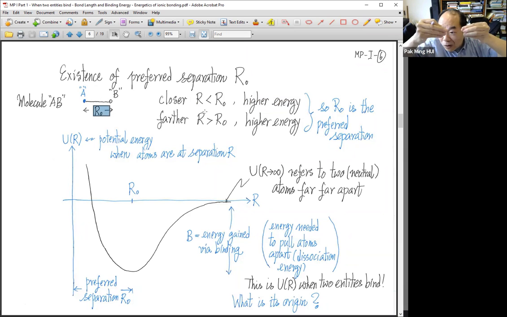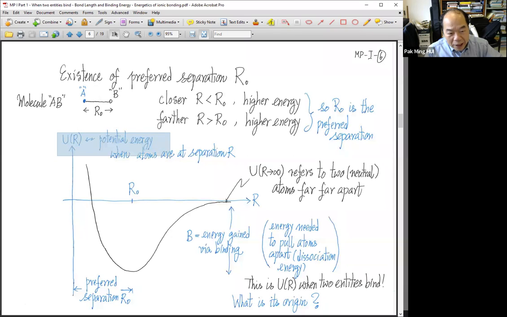If you pull the nuclei farther apart, R bigger than R0, the molecule is again uncomfortable because the energy is higher. All right, so it means the following: R0 is a potential energy minimum. On either side, if R is bigger or smaller, the energy goes up. So we have this very famous curve for two things that bind.